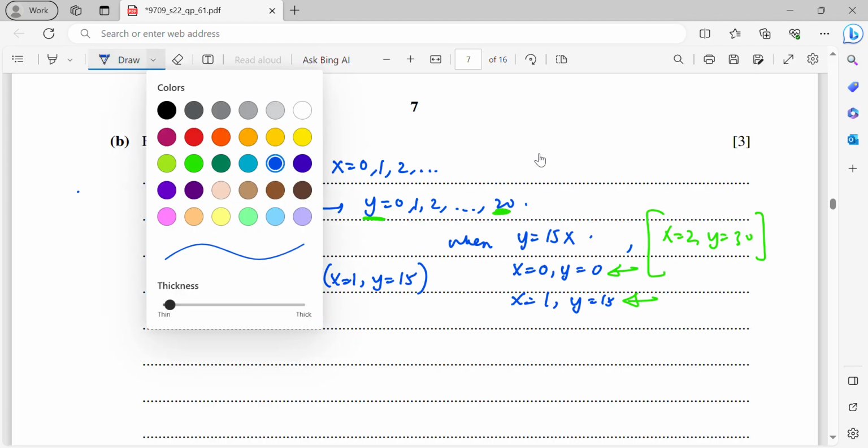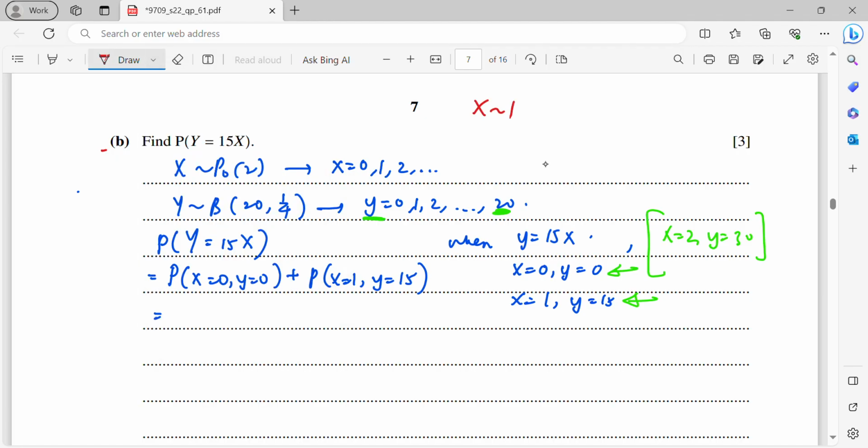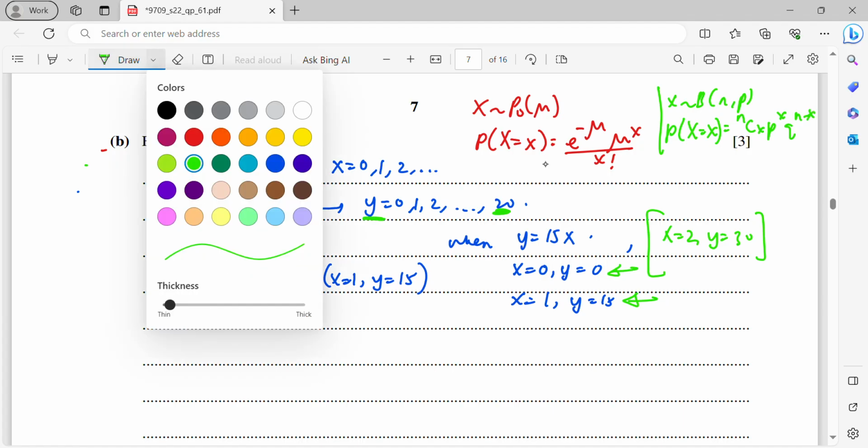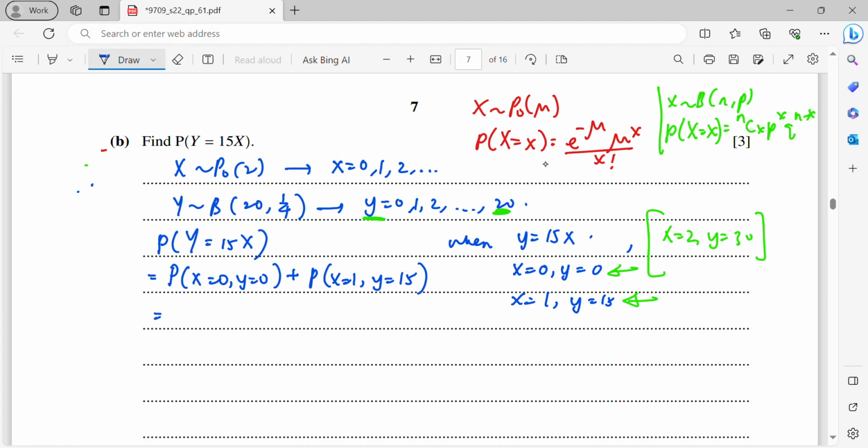For your information, when x is Poisson mu, P(x equals small x) is going to be e to the minus mu, mu to the x, over x factorial. But if x is binomial n and p, P(X equals x) equals nCx p to the x q to the n minus x. Two different formulas.